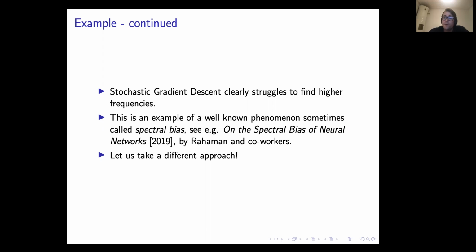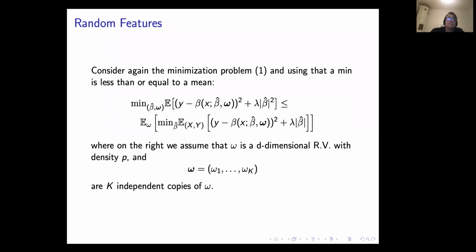Okay, so having failed with the stochastic gradient descent approach, let's try something else. Starting with the minimization problem where we started, we assume now that omega is not any number, but in fact omega is a random variable.